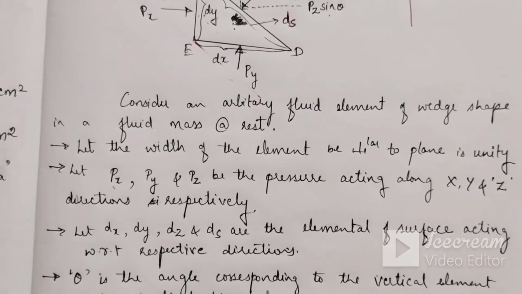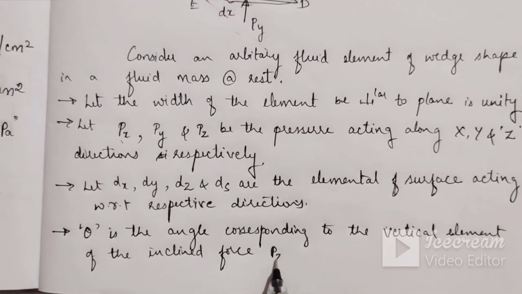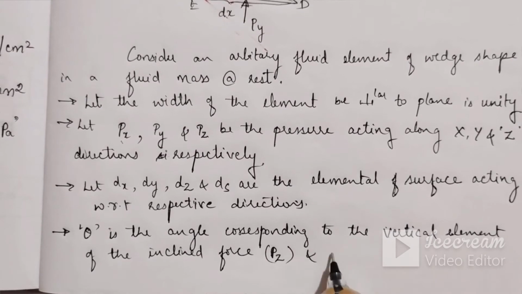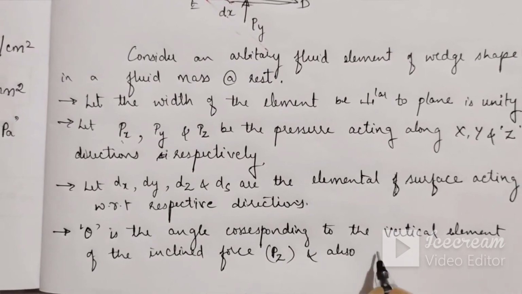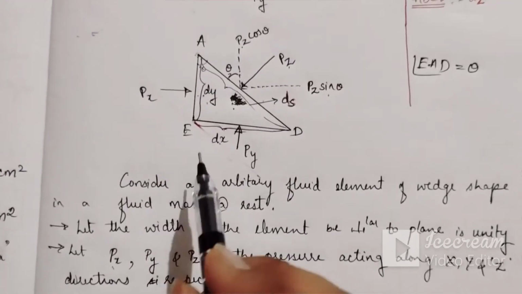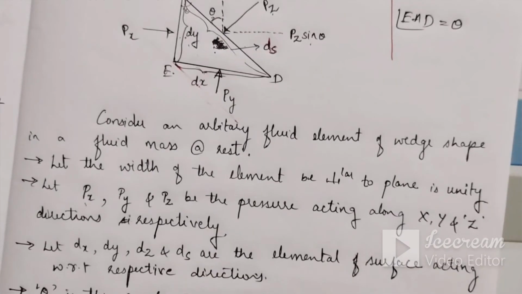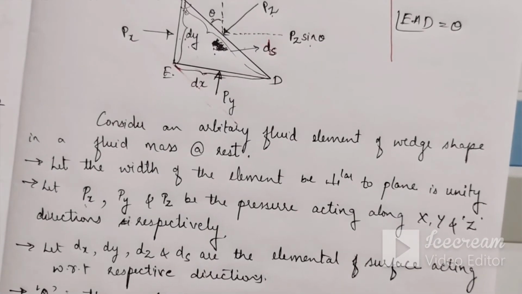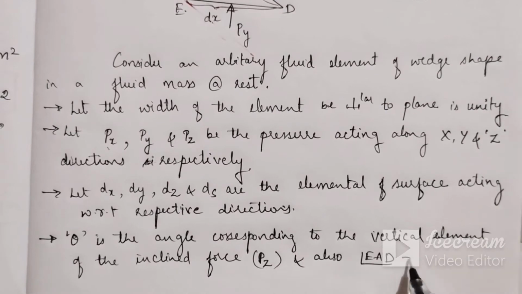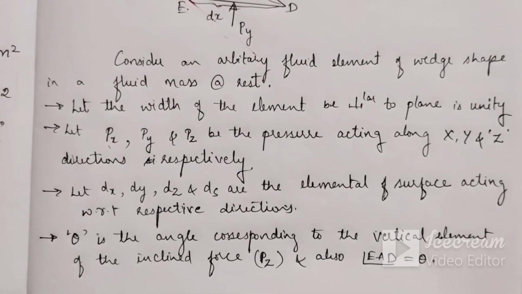What is that? PZ. And also the angle EAD. Angle EAD is equal to theta.